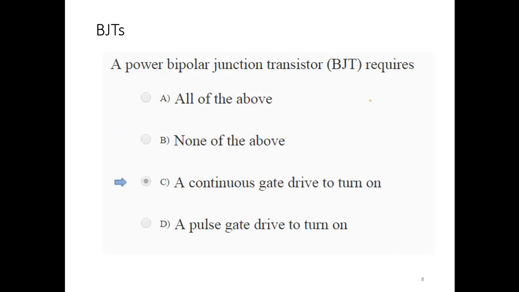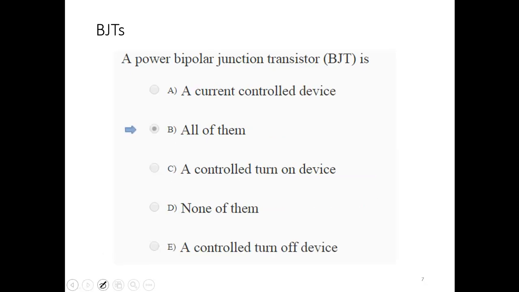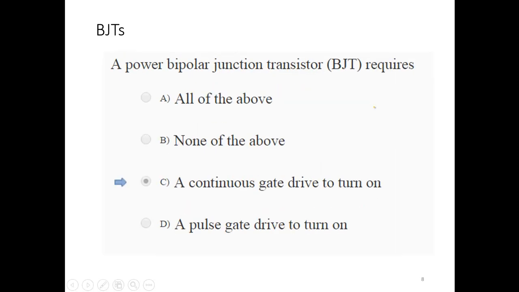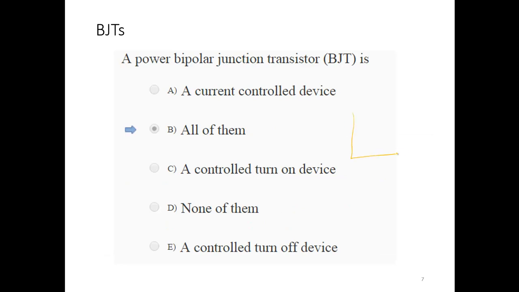If you remember, the bipolar transistor is an NPN device. That means the bipolar transistor is turned on by applying a voltage to the base, which produces a base current, and then it turns on.